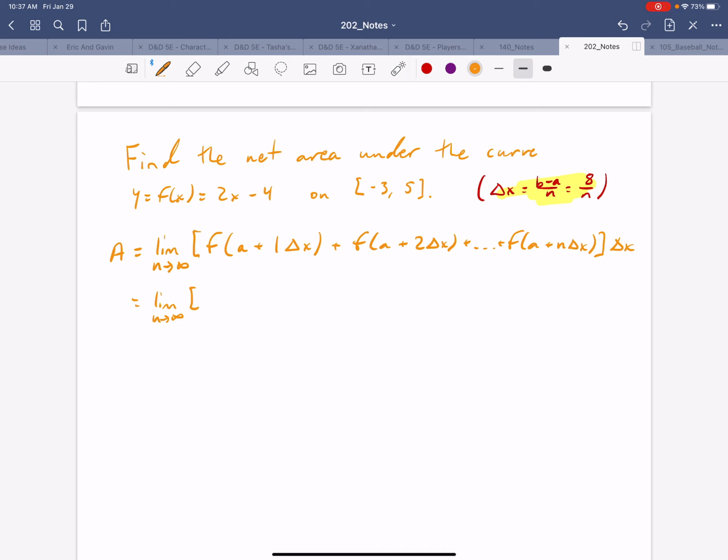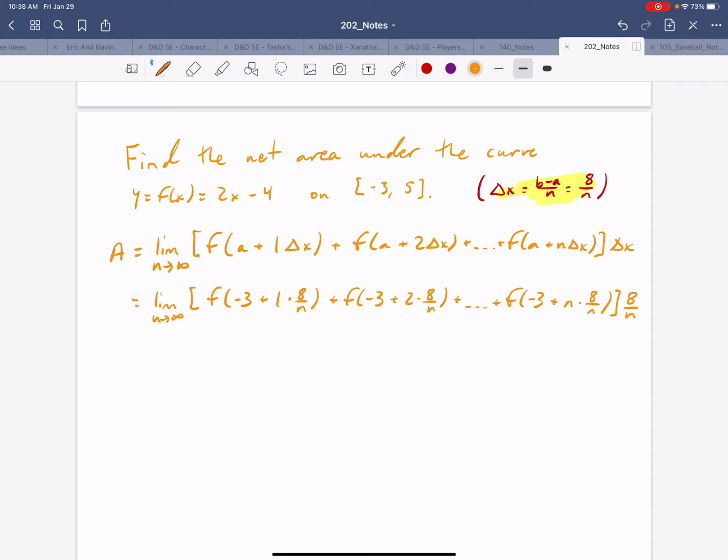So we're just going to get f of -3 plus 1 delta x plus f of -3 plus 2. And actually, sorry, instead of delta x, we're just going to replace this with 8 over n. 2 times 8 over n plus blah, blah, blah plus f of -3 plus n times 8 over n, all times 8 over n.